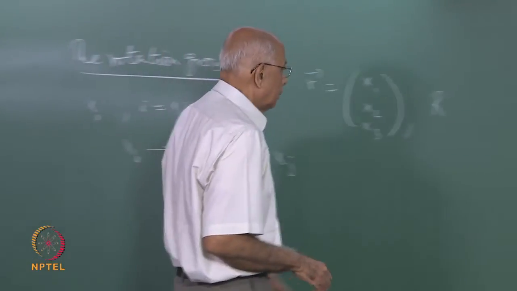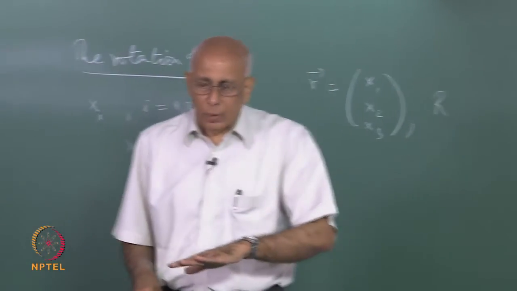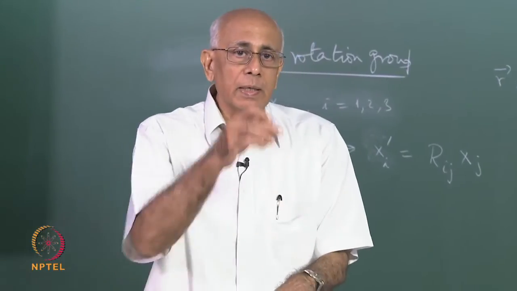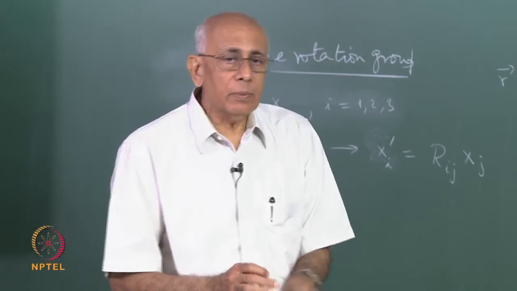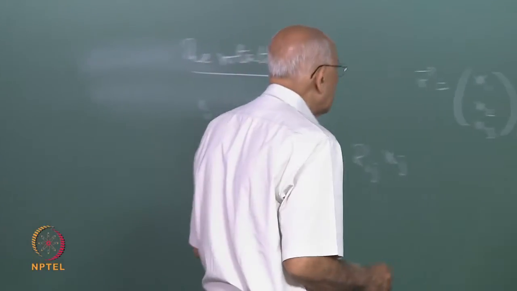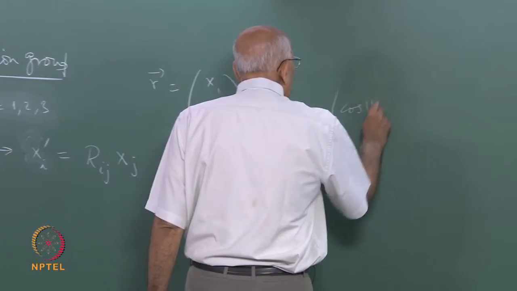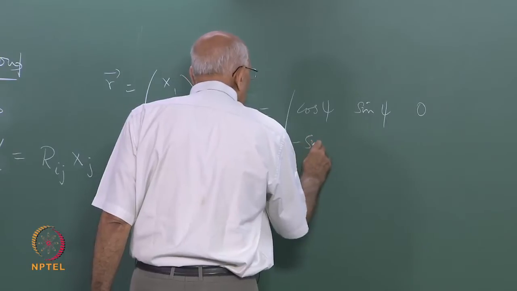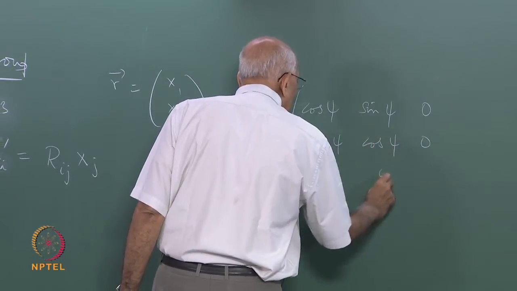An example of what R is like would be if you rotate in the xy plane through some angle psi, leaving the z axis untouched. Then this will only affect the x and y coordinates, and we can immediately write down from elementary trigonometry what this matrix looks like. It looks like cos psi, sin psi, 0; minus sin psi, cos psi, 0; 0, 0, 1.